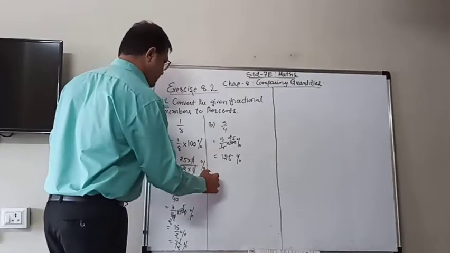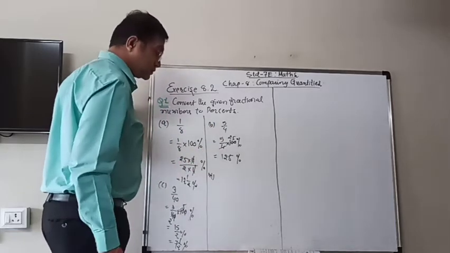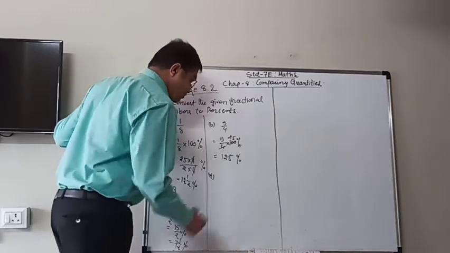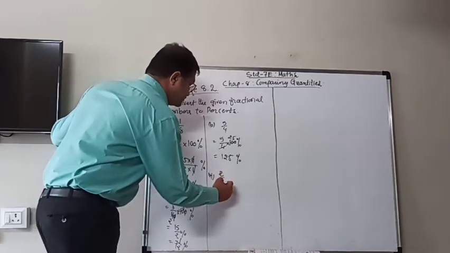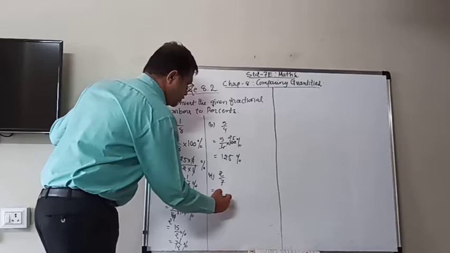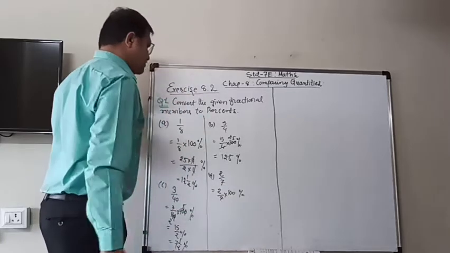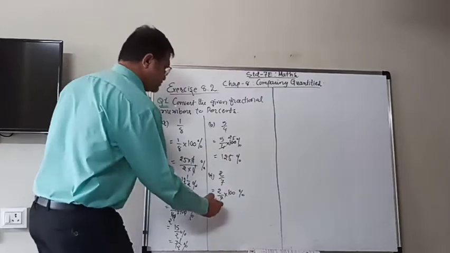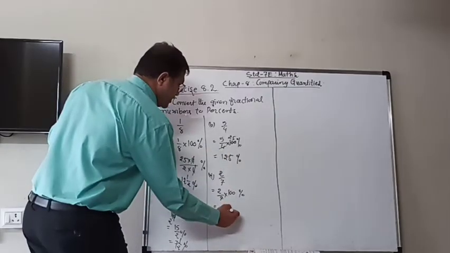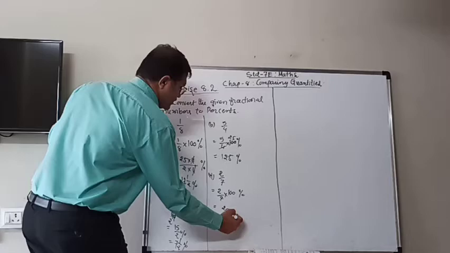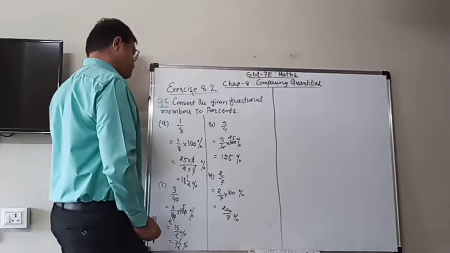And the last, D. Indeed it is 2 upon 7. So it is equal to 2 upon 7 into 100%. Here there is no cancellation. So 200 upon 7%.